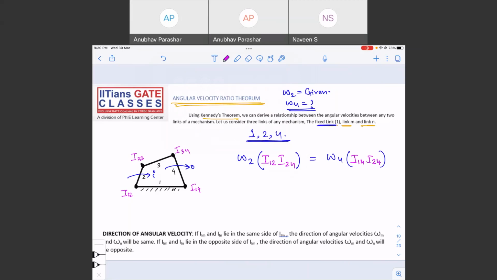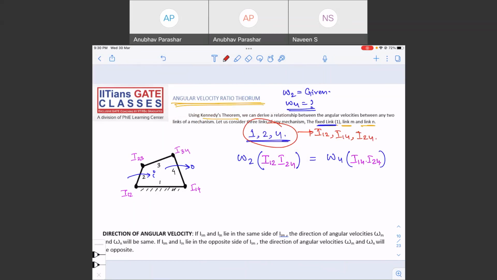You have these three links, and there will be three associated eye centers: I12, I14, I24. These are the three associated eye centers with respect to links 1, 2, and 4.